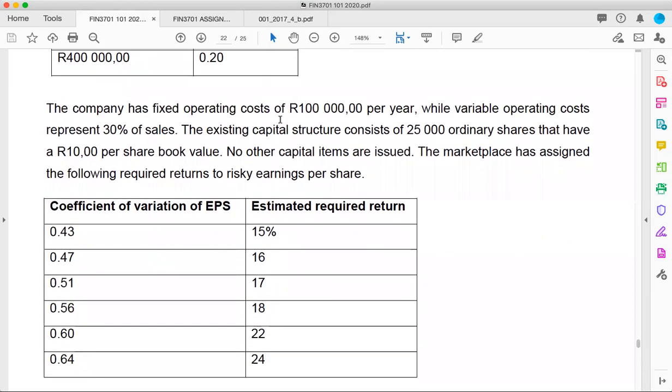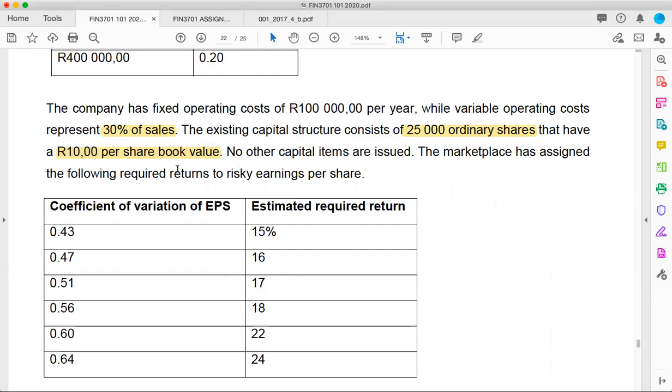The company has fixed operating costs of 100,000 per year, while the variable operating costs represent 30% of sales. The existing capital structure consists of 250,000 ordinary shares that have a 10 Rand per share book value. No other capital items are issued.